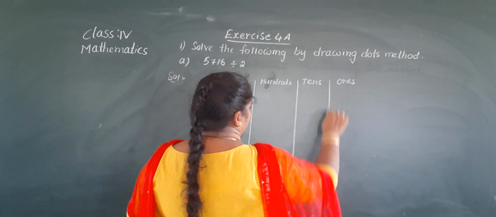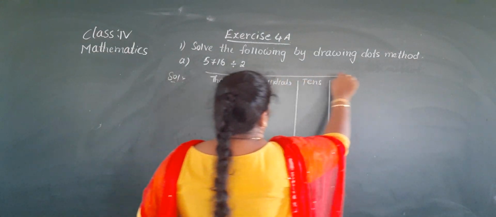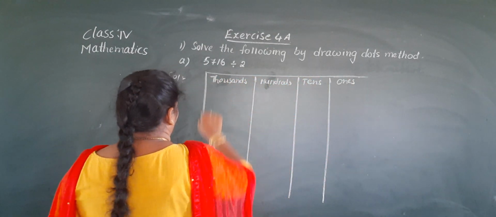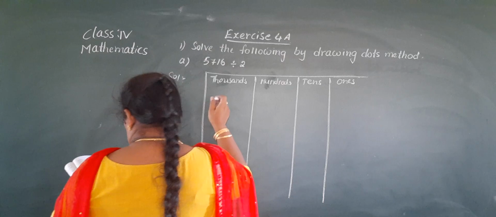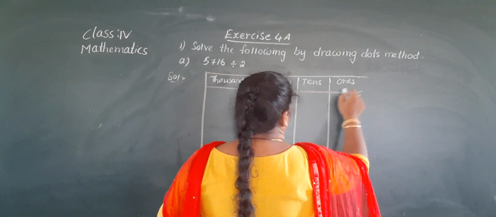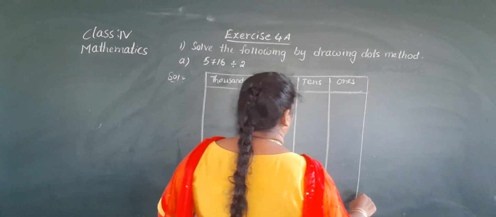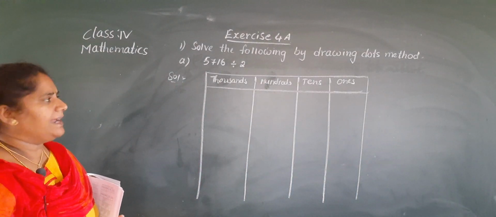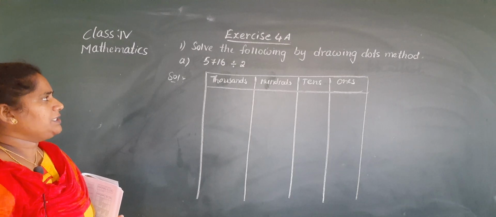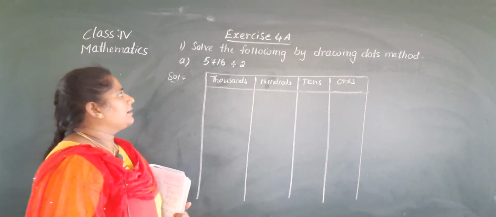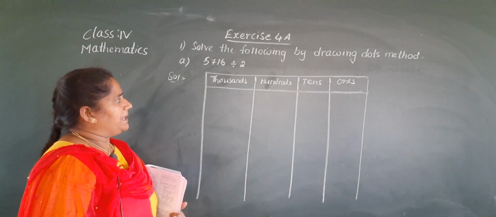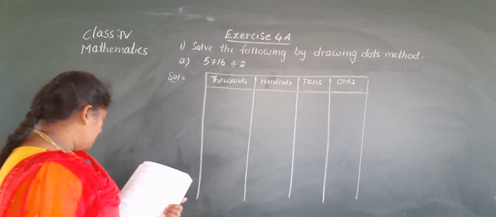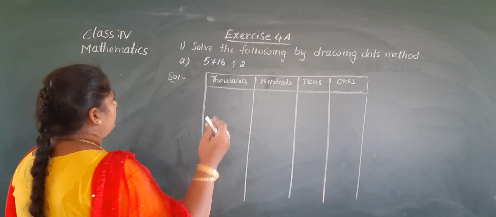Make the columns. Keep my ones, tens, hundreds, thousands. So first you have to arrange the digits according to their places by representing them with dots.